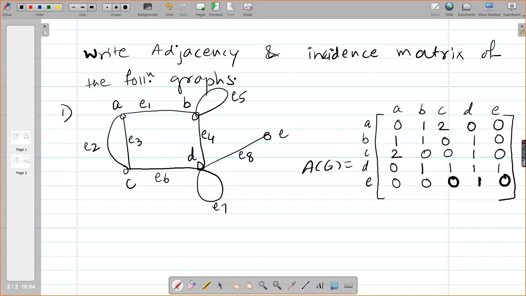Everyone has written this adjacency matrix. Yes, girls. Because I'm erasing it now and writing the incidence matrix here itself.